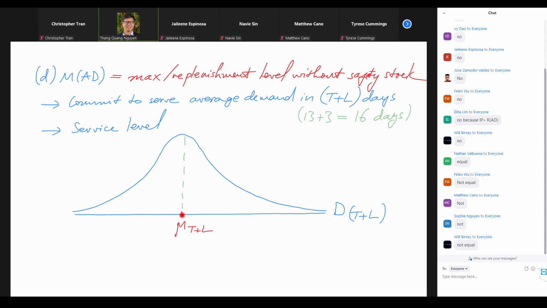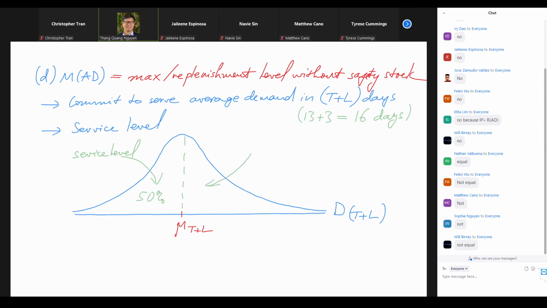But then if we carry only this much, then half of the time the demand will be here where we have enough stock to sell, and half of the time the demand will be here where we run out of stock, right? So we call the probability on the left-hand side a service level, which is only 50%.